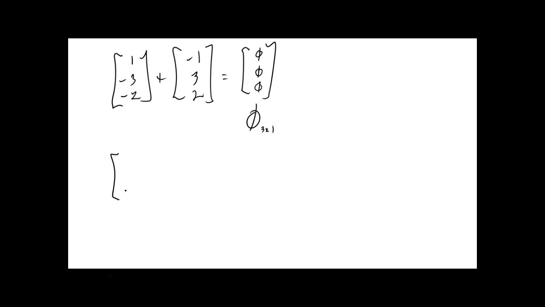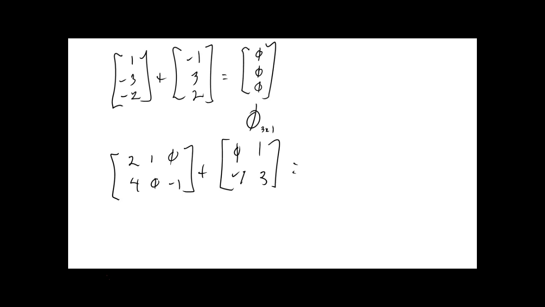Here is 2, 1, 0, 4, 0, 1, negative 1. I'm going to add to that 0, 1, negative 1, 3. And what does that give us? Absolutely nothing.